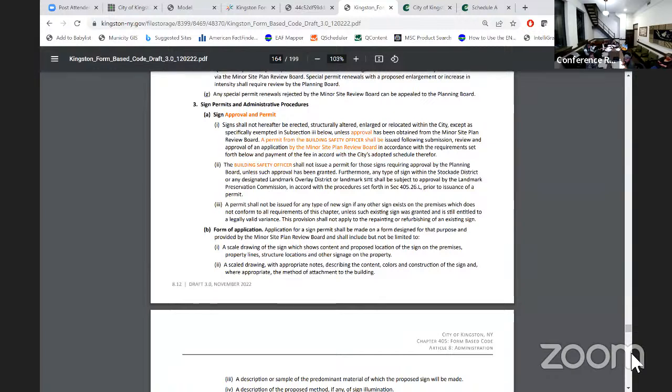Because the first paragraph says, signs shall not hereafter be erected, structurally altered, enlarged, or relocated within the city except as specifically exempted below, unless approval has been attained from the minor site plan review board. So in my head, I'm thinking all signs go to the minor review board. But the next paragraph says the building safety officer shall not issue a permit for those signs requiring approval of the planning board.